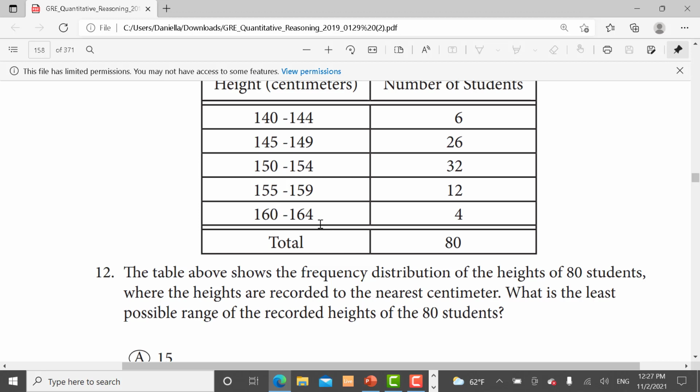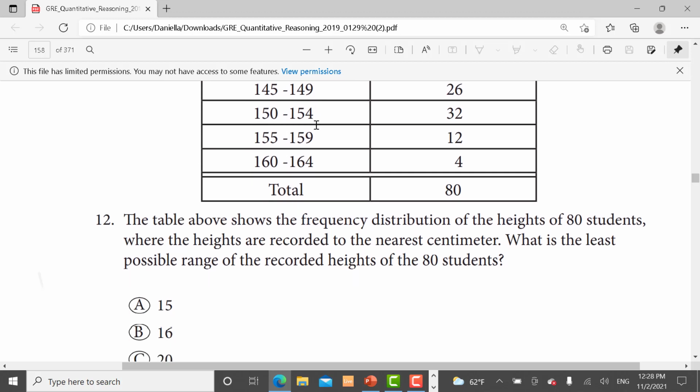So we have different possible values of the range, but the question asks for the least possible range. So we take the smallest number of the highest class and subtract the largest number of the smallest class. I'm going to take 160, subtract 144, and the answer is 16.